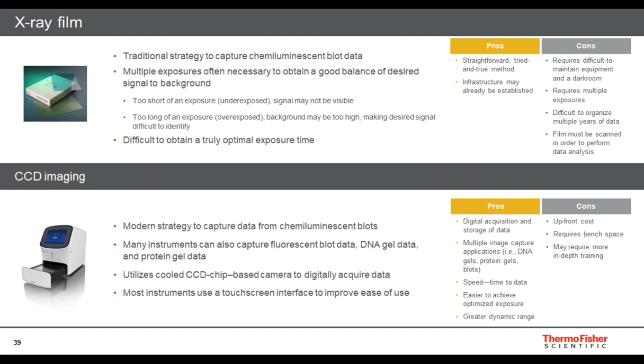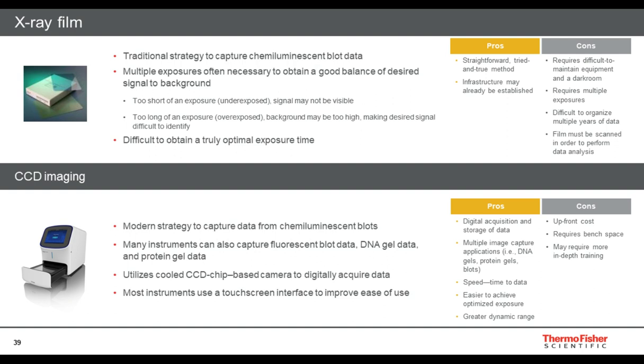Conversely, CCD imaging is a fast-growing technology that is being used more widely and adopted by Western blot researchers. It is a modern technology that can be used across a broad range of applications, including both chemiluminescent and fluorescent Western blotting, DNA gel staining, and protein gel staining.